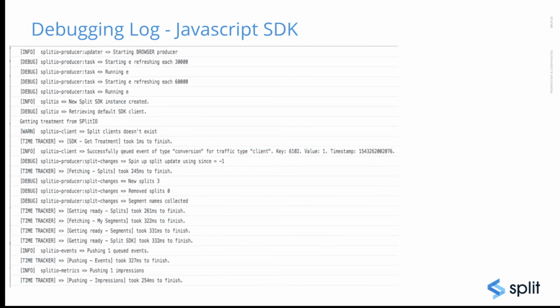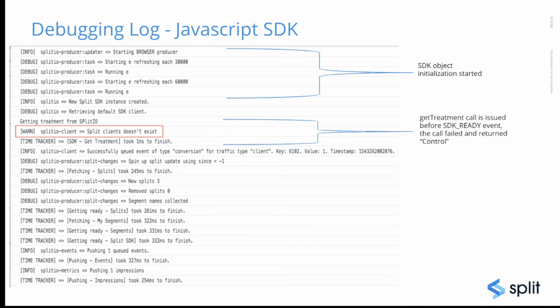Now in this log for the JavaScript SDK, we can show how an issue shows up. The first few lines are the same lines that we've seen before. The SDK object initialization started, but we do see that a getTreatment call is issued before the SDK ready event.